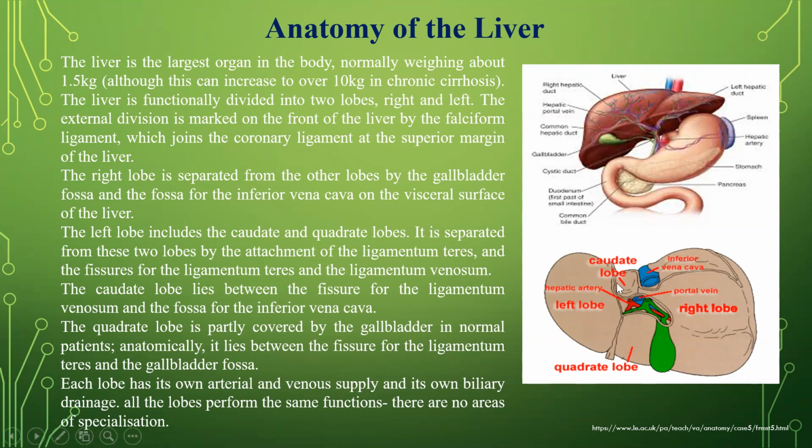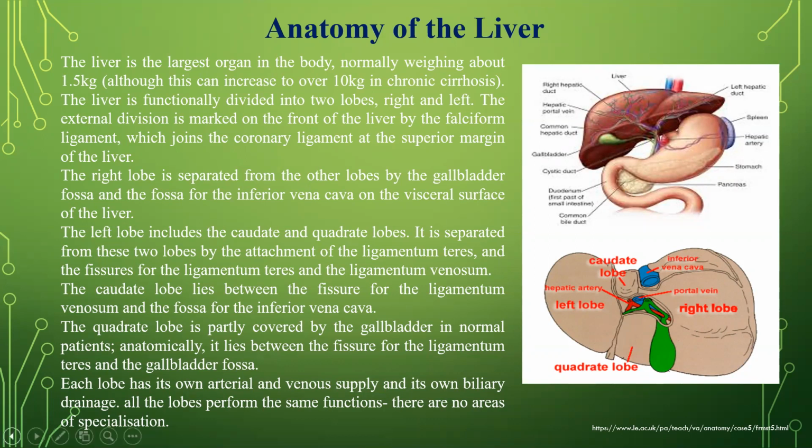The caudate lobe, the smallest one, lies between the fissure of the ligamentum venosum and the fossa for the inferior vena cava. The quadrate lobe, which looks like a quadrate, is partly covered by the gallbladder in normal patients. Anatomically, it lies between the fissure for the ligamentum teres and the gallbladder fossa.